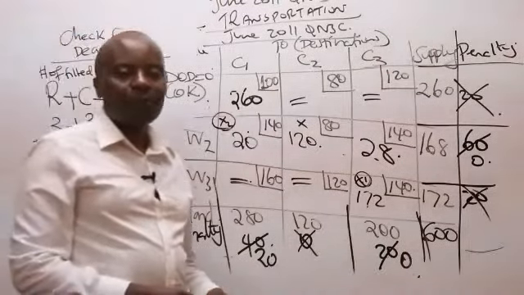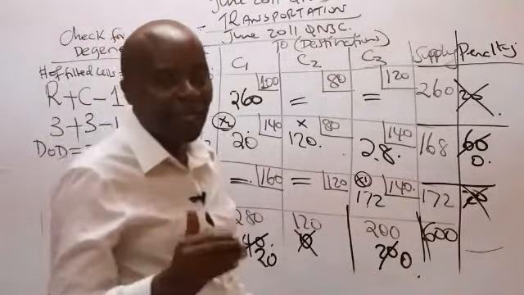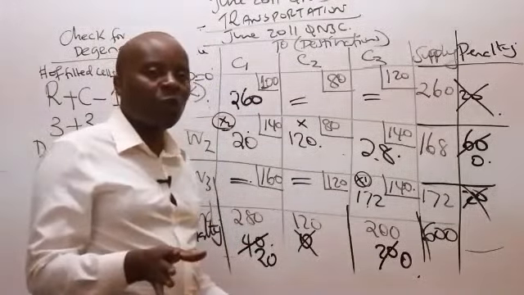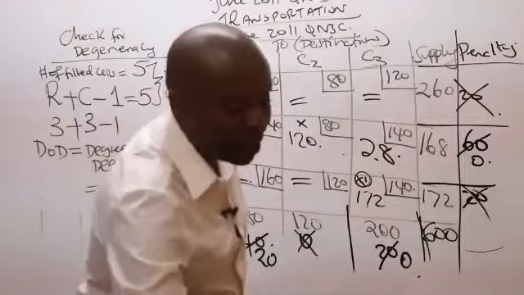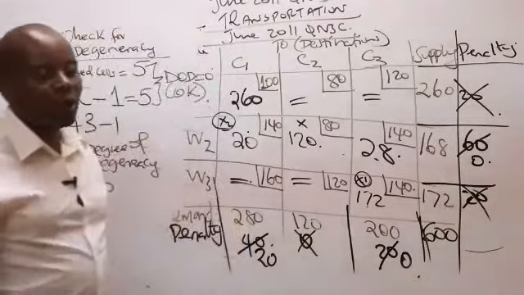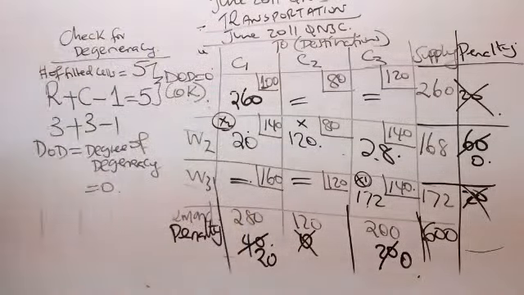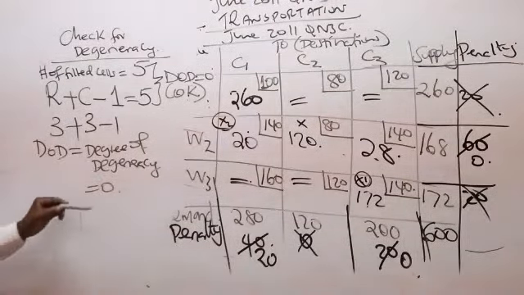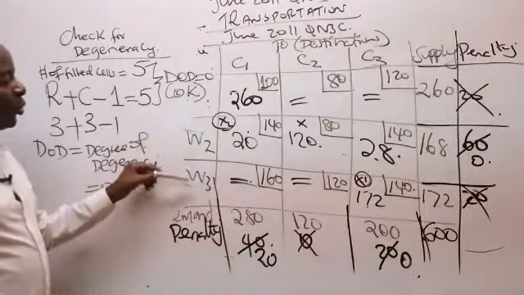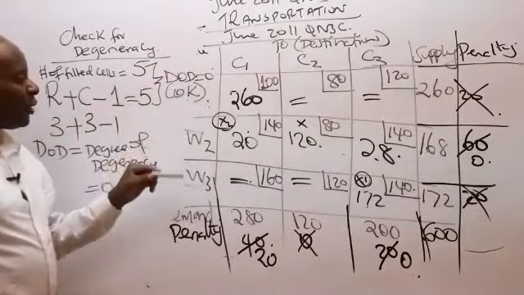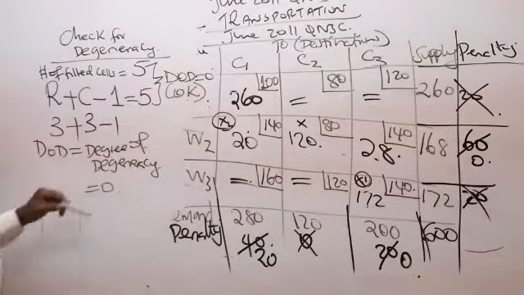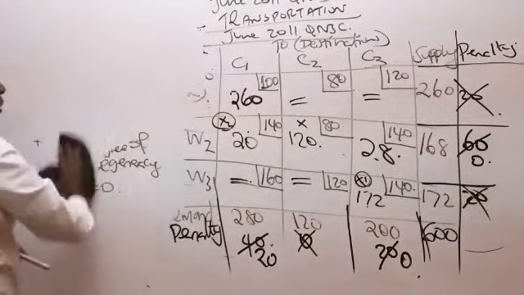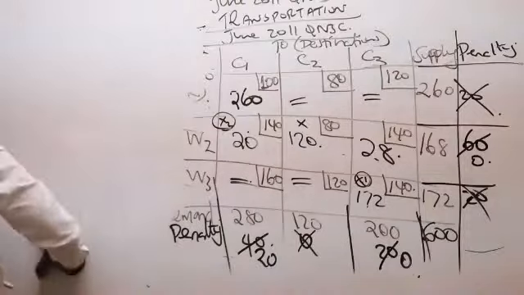So always our target is to have a DOD of 0. Remember, as I've just told you, in section 4, your DOD will always be 0. So you take rows plus columns minus 1. Don't forget how you count the rows: 1, 2, 3. 3 rows, 3 columns, and then minus 1. That automatically gives us our DOD, which is 0 in our case.